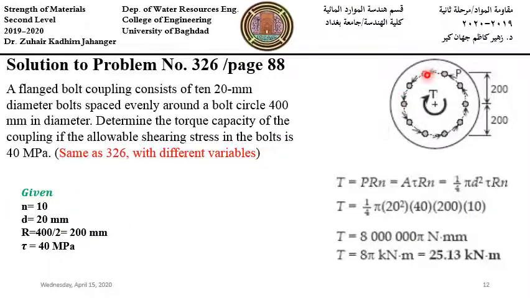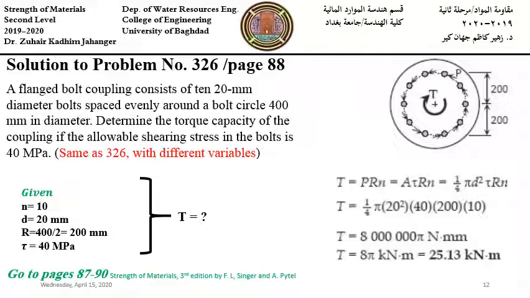You can count 1, 2, 3, 4, 5, 6, 7, 8, 9, 10, or it's said here it consists of 10. And then torque equals this, because the torque is wanted in this problem. And go to pages 87 to 90 in your textbook.